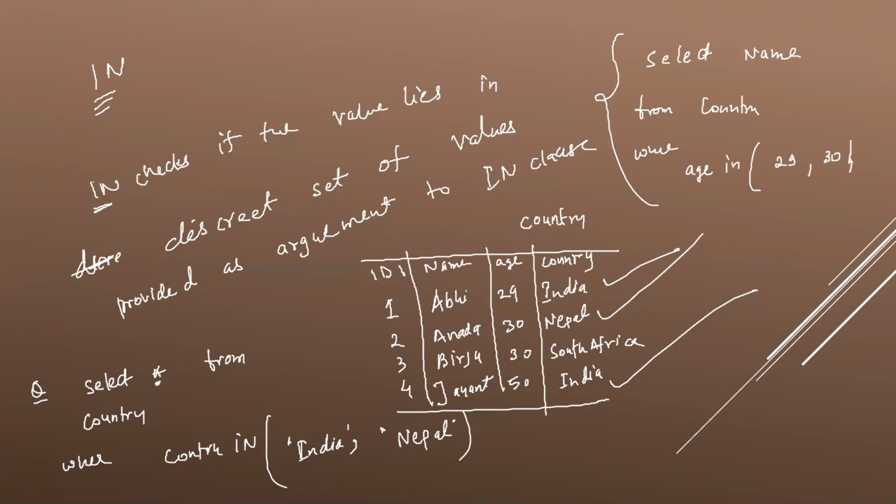We need to return the name, so this is the column for name. The values returned will be Abhi, Anda, and Birju, right? We are not returning country over here, just the name. Select name from column where age in 29, 30.